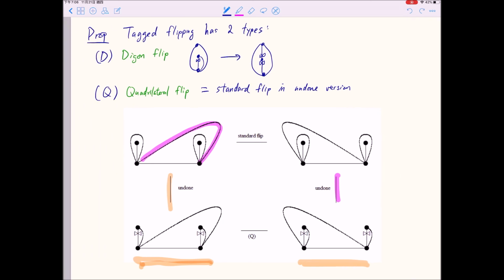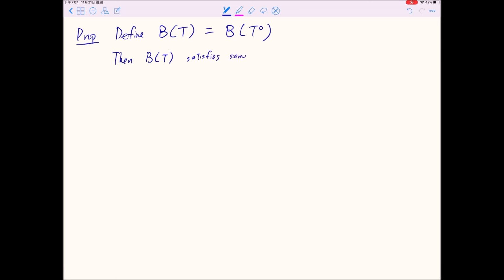Now the theorem follows from the fact that if we define the exchange matrix of a tag triangulation as the exchange matrix of the undone version, then it satisfies the same mutation rule with the tag flipping.